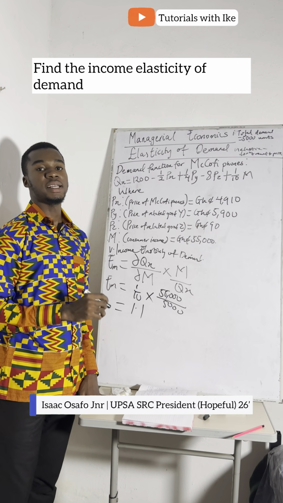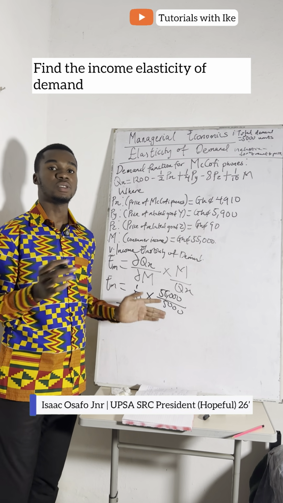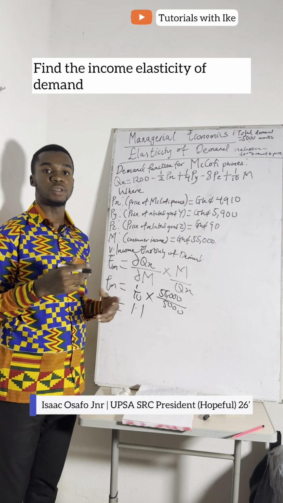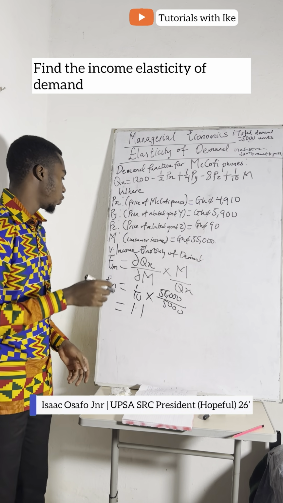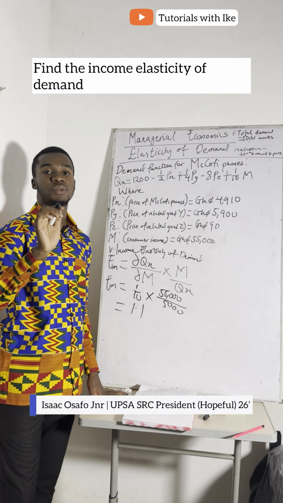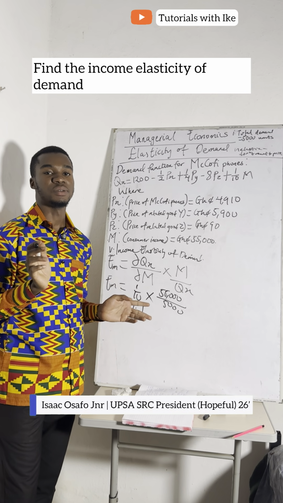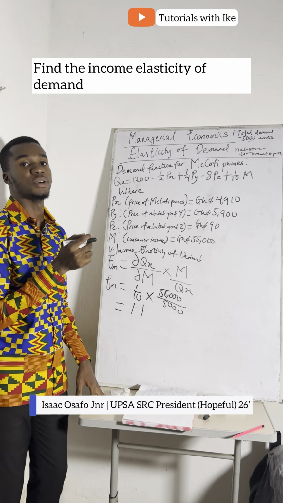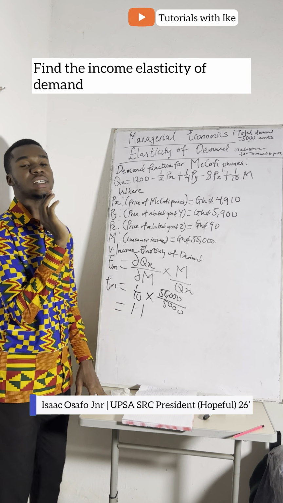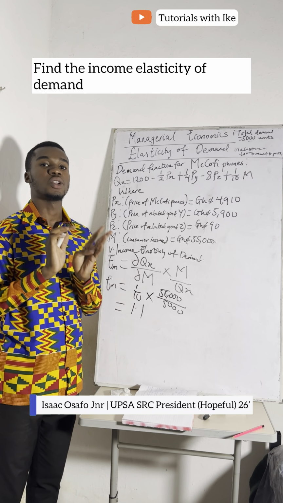Now put this in your head. Anytime you solve for income elasticity of demand, we don't take any absolute values. So if you get negative, it's the same. If you get positive, you maintain your answer. So if you solve and get anything that is greater than 0, then it means that your good is a normal good. However, if it is less than 0, then it means that your good is an inferior good. In other words, if your answer is positive, your good is a normal good.